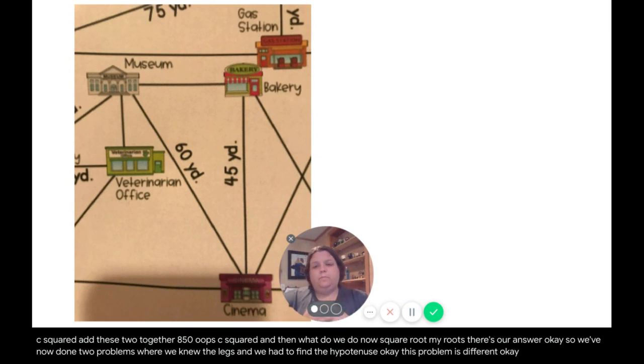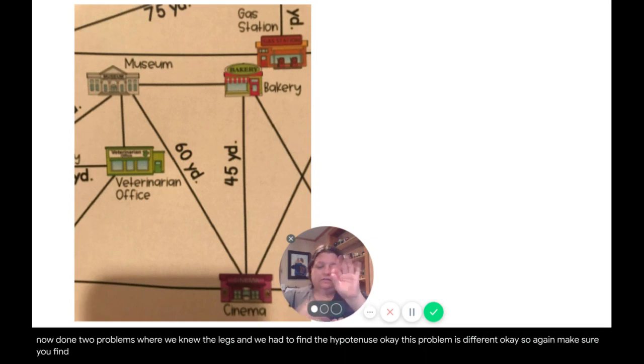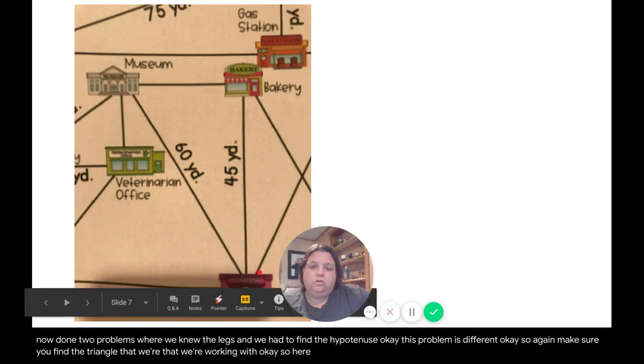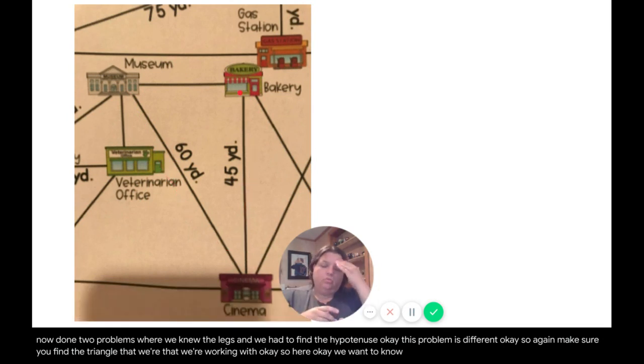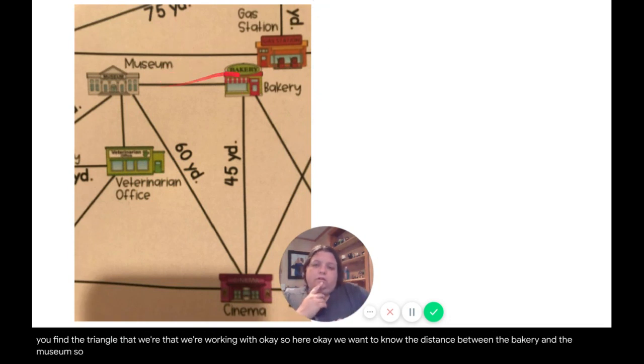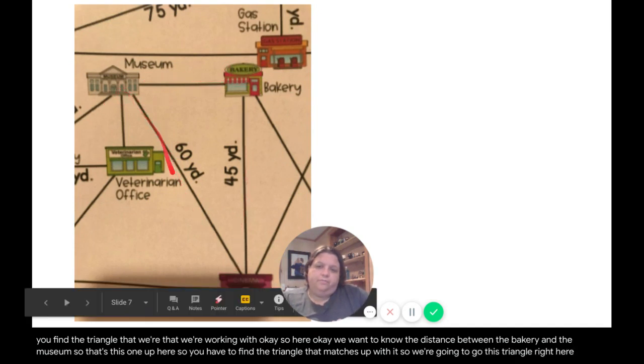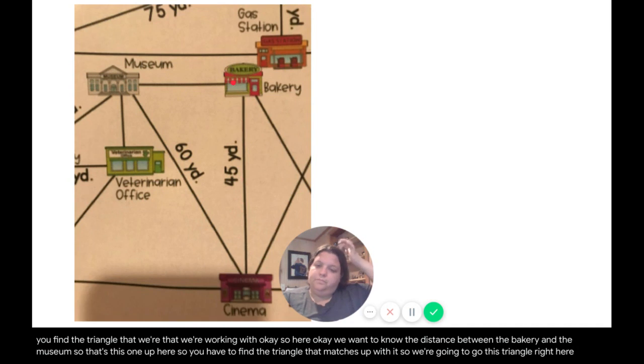So again, make sure you find the triangle that we're working with. Here we want to know the distance between the bakery and the museum. So that's this one up here. So you have to find the triangle that matches up with it. So we're going to go to this triangle right here.